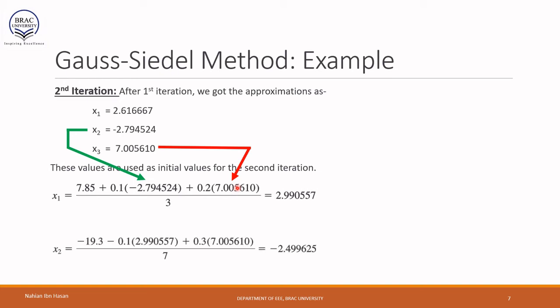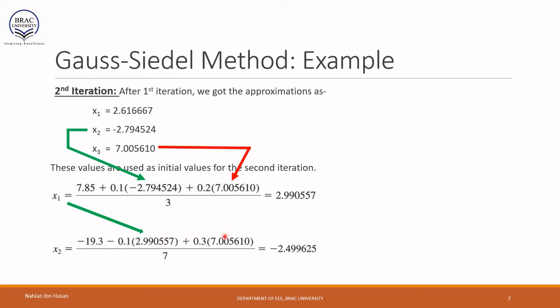But in case of determining the x2, we have already determined the x1 term. That's why we are going to use the modified version, not this initial approximation, because we have already determined the modified version. So we are going to use the most current approximation, which is this one.